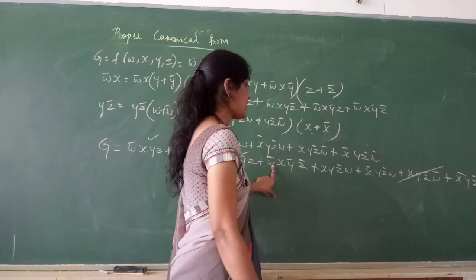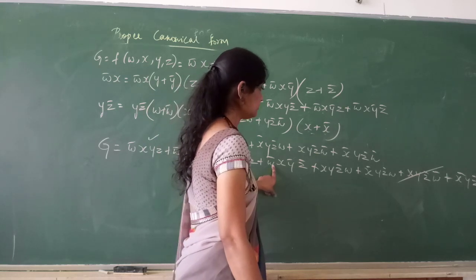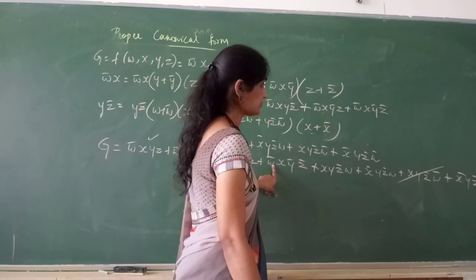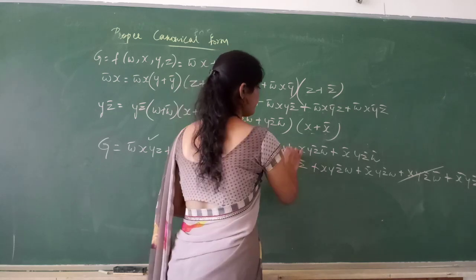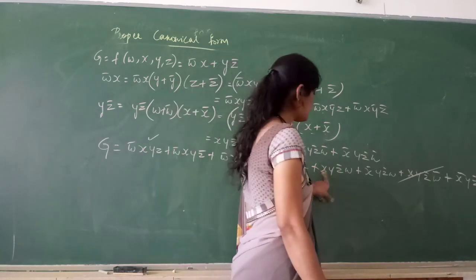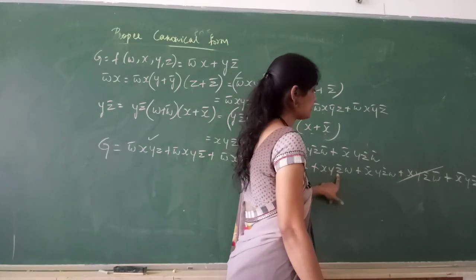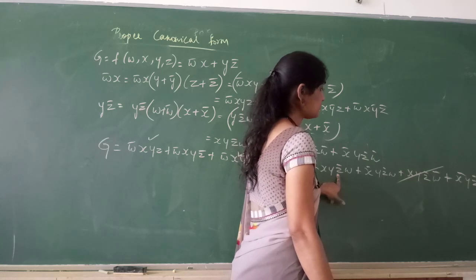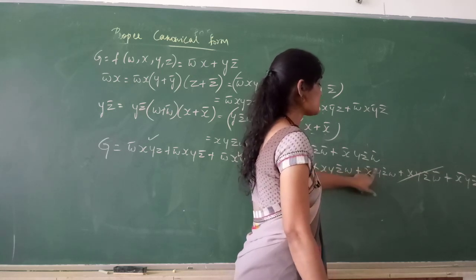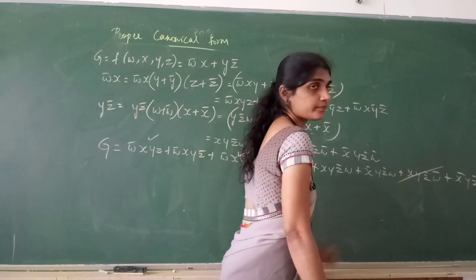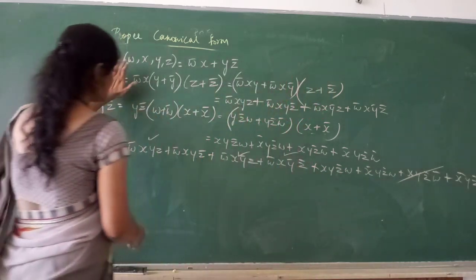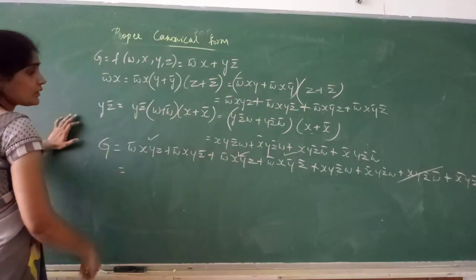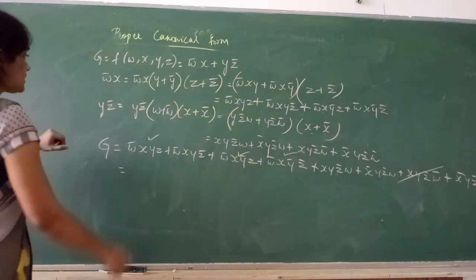W bar x y bar z bar: only once. Then x y w x y z bar: no repeat. Then w x bar y z bar: no. So now we'll write in order only the terms which are not repeating.